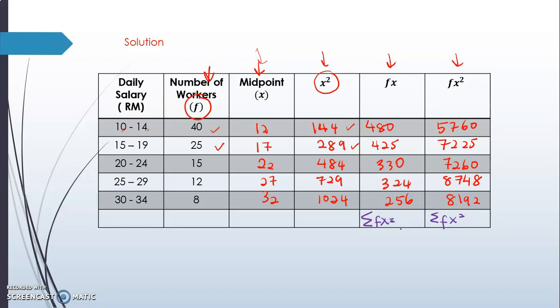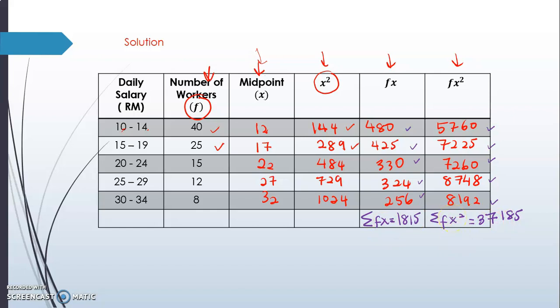Okay, next step, you need the value of total fx and also total fx square. So for total fx, you just need to sum up all of these values, and total fx square, you just need to sum up all of these values. You will get 1815 for total fx and 37185 for total fx square.